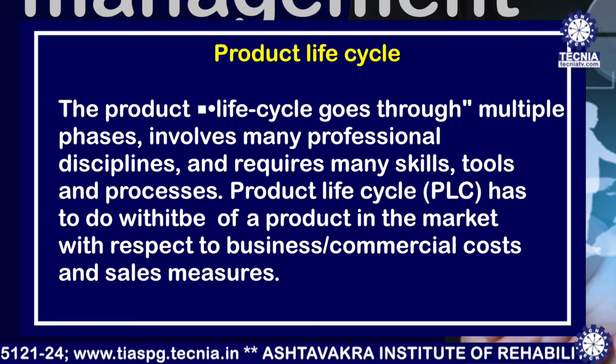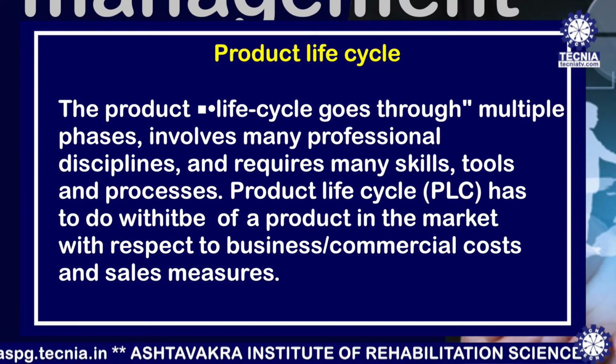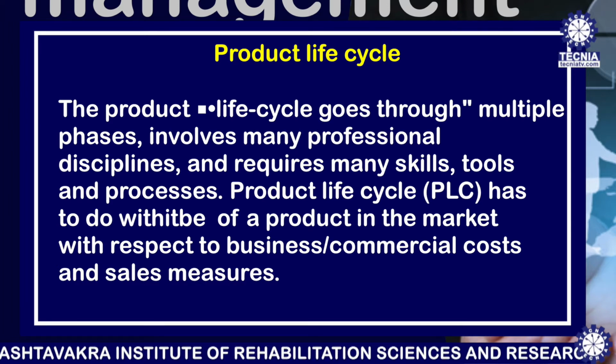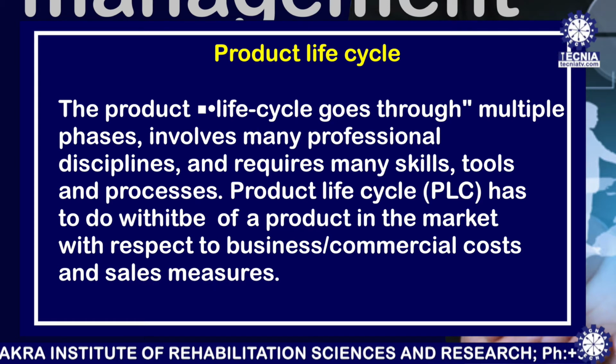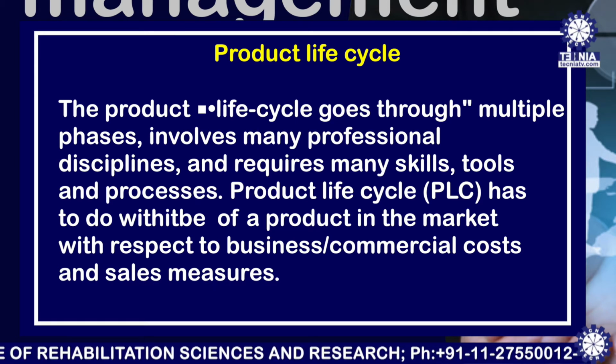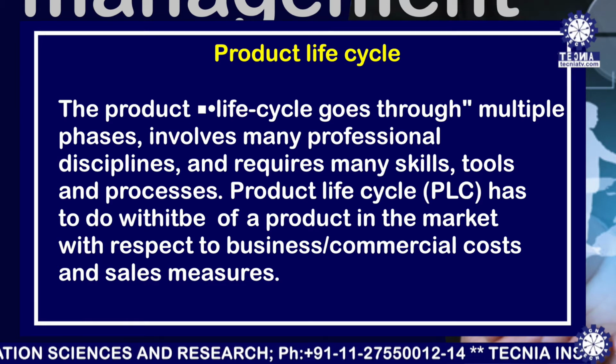The product life cycle goes through multiple phases, involves many professional disciplines and requires many skills, tools and processes. Product life cycle has to do with the life of product in the market with respect to business, commercial costs and sales measures.